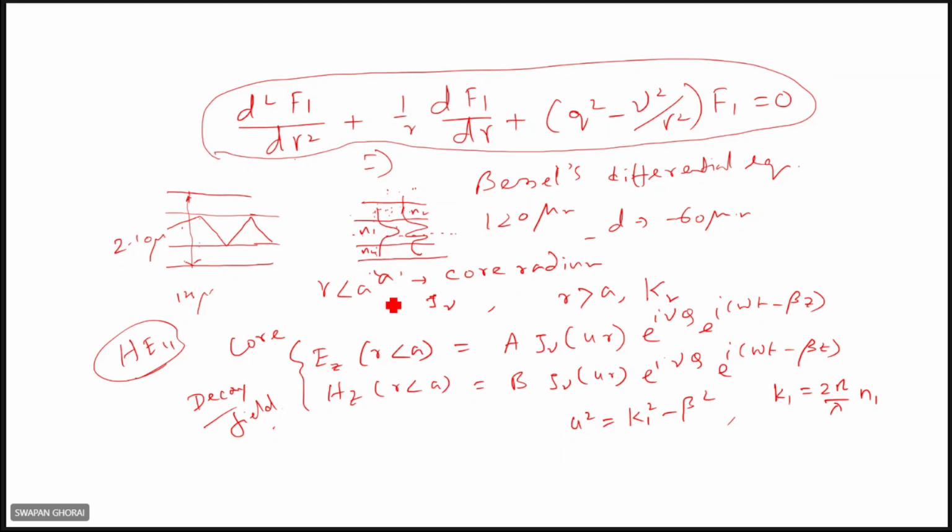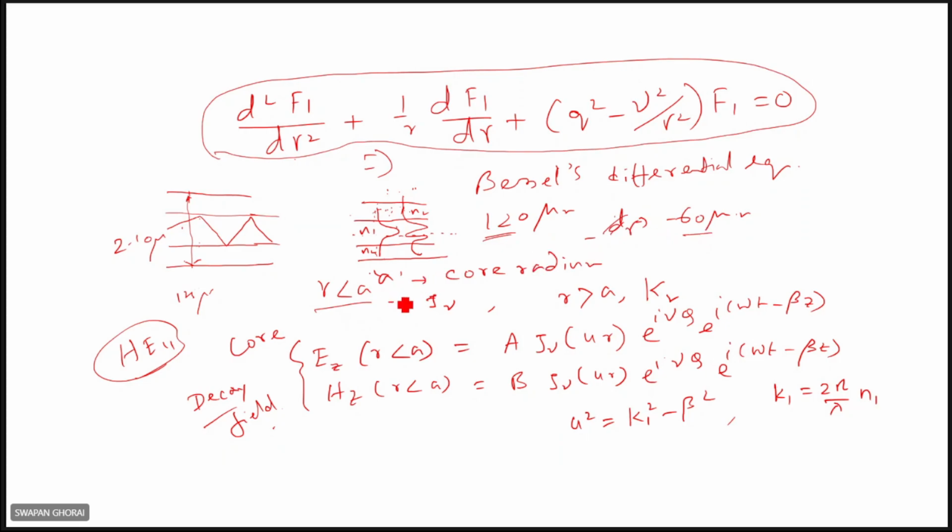So if R is less than A, since it is a Bessel differential equation, the solution will be in terms of Bessel functions. As I mentioned 120 microns for the diameter D, the radius will be 60 microns.